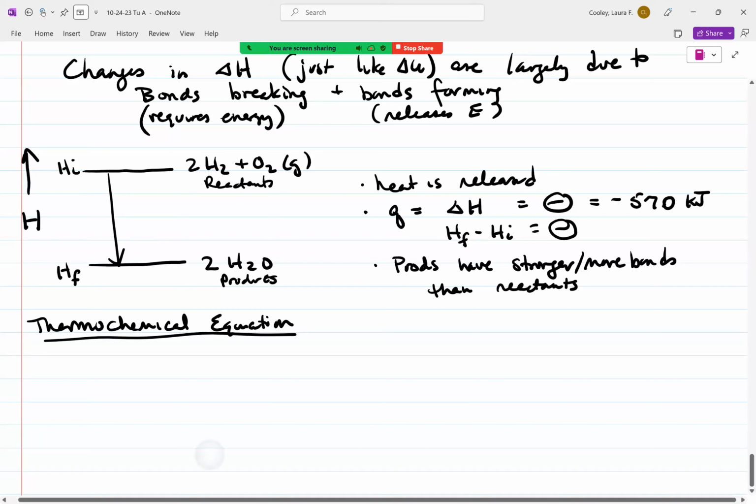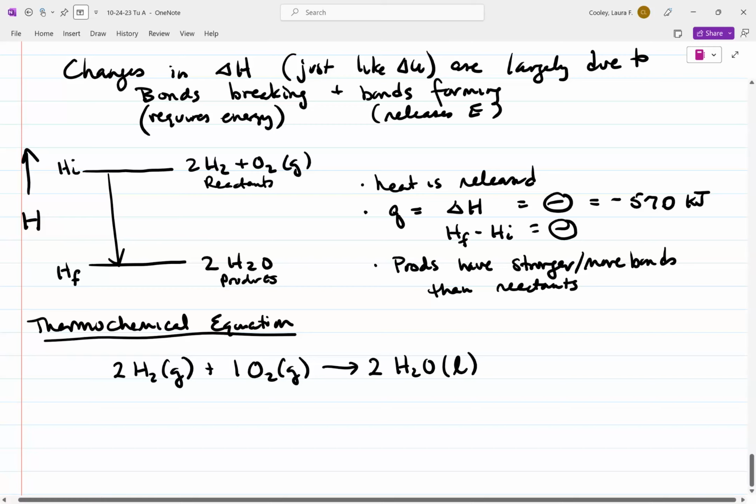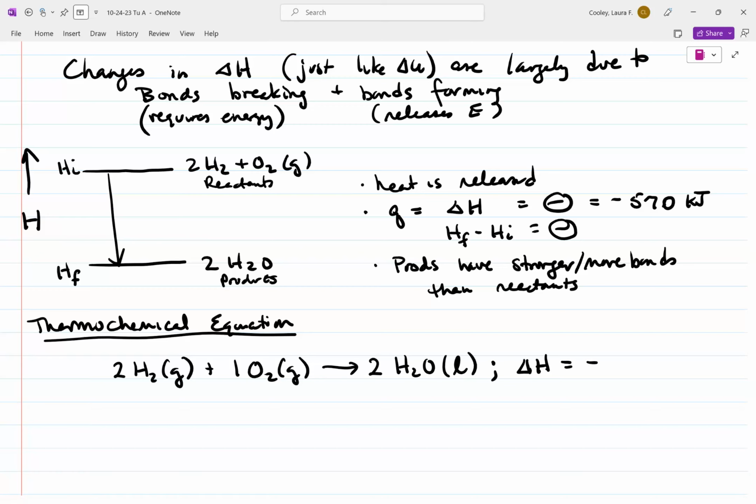So we would write it 2H2 gas plus O2 goes to 2H2O; delta H equals minus 570 kilojoules.